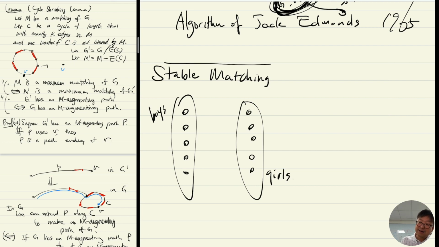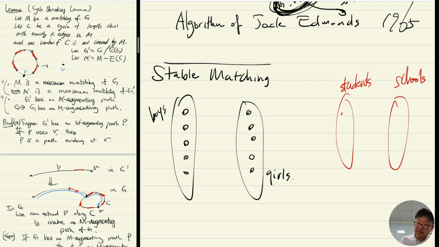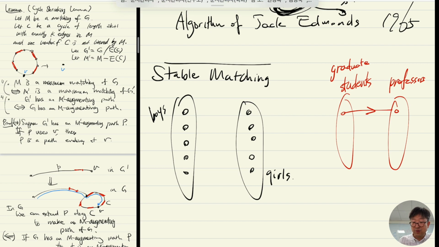It could be students and schools, right? Each student wants to go to school, but okay, professors. So the graduate students need to pick an advisor, but let's say professors want to take at most one student, and students have choices.